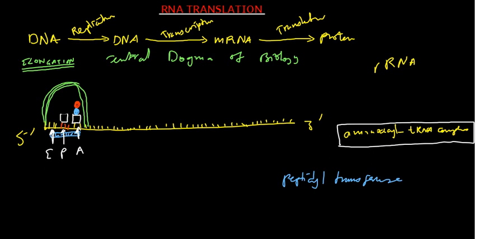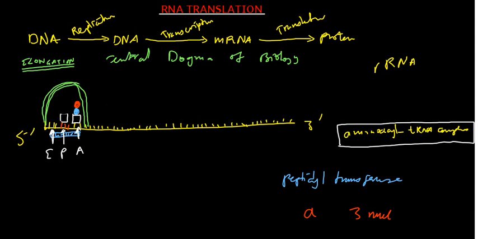Remember, a bond that holds amino acids together, or a bond that is found in proteins, is called a peptide bond. So in the next step, the ribosome complex moves 3 nucleotides in front. And when we're talking about 3 nucleotides, that means 1 codon.